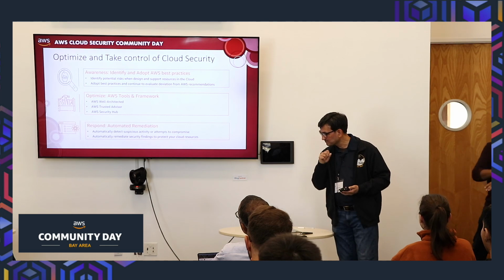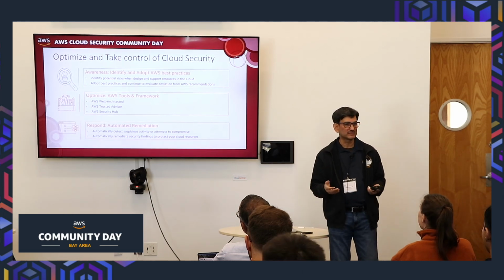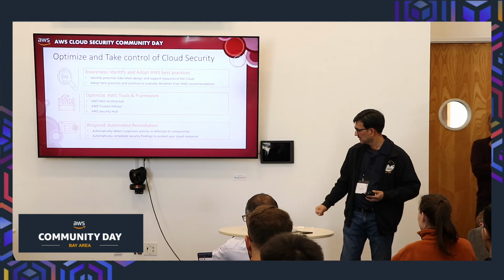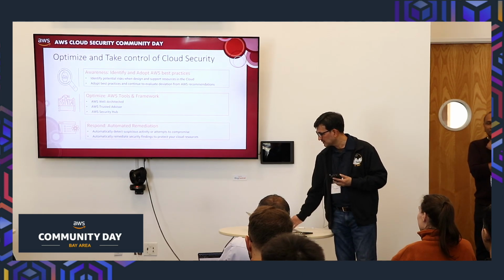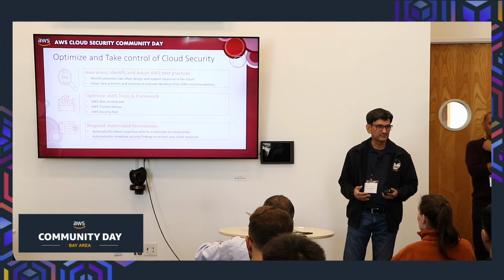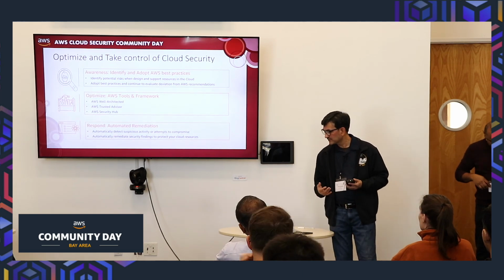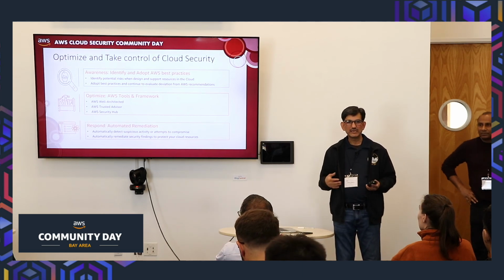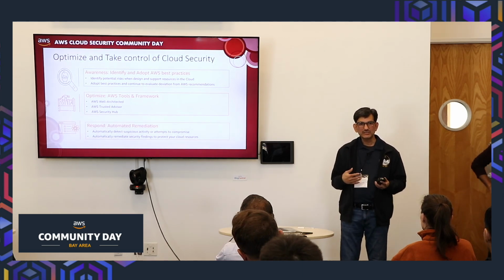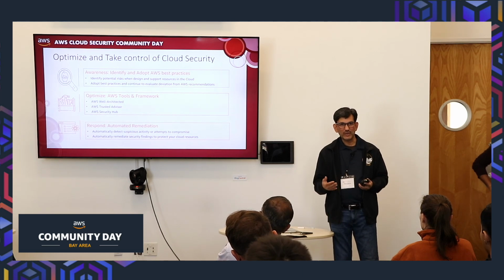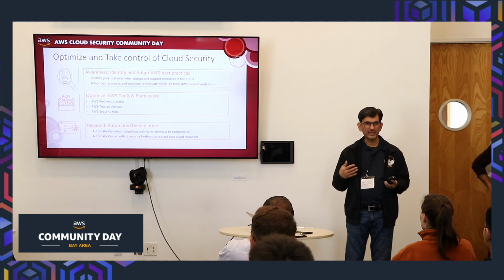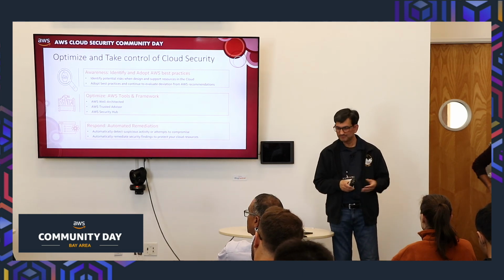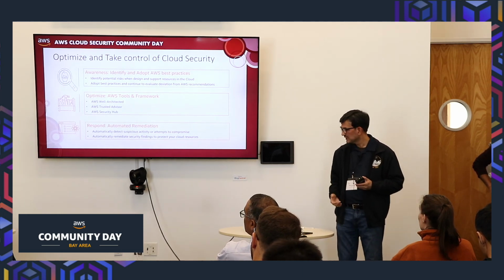All right. So how do you optimize cloud security? It is a really major and vast area, right? So how do we optimize and take control of cloud security? What AWS is recommending is that we start with awareness. And what awareness really means is you identify some of the areas that we need to look at and gradually adopt a culture of adopting the best practices available in the industry, of course, from AWS.